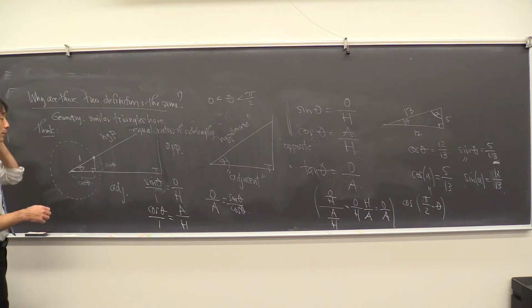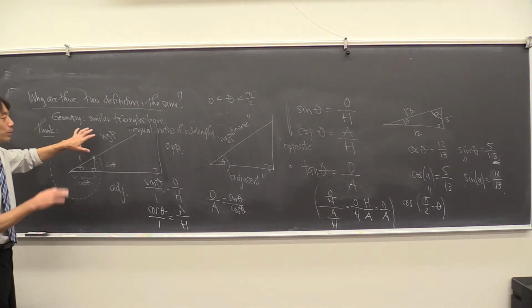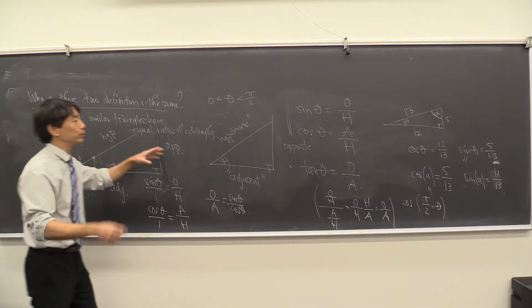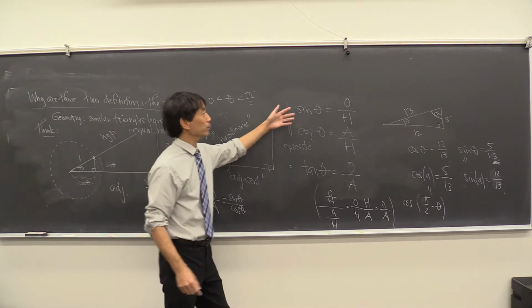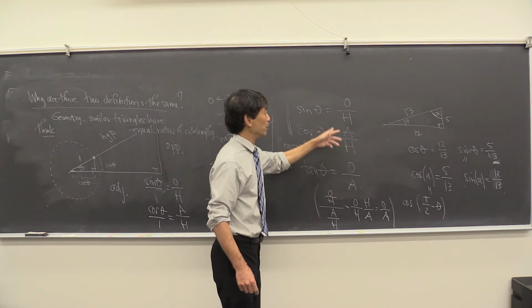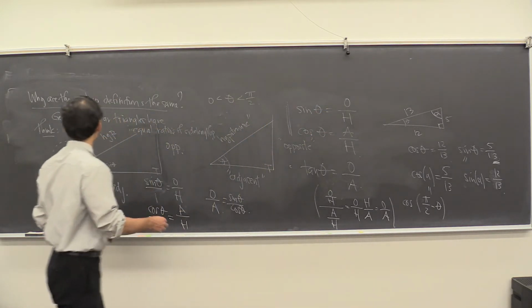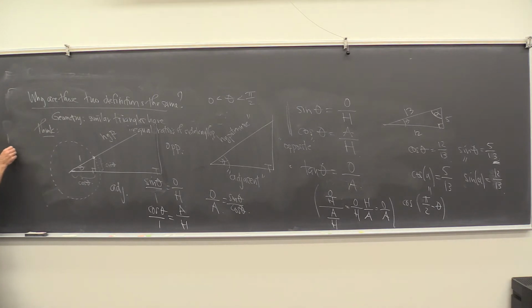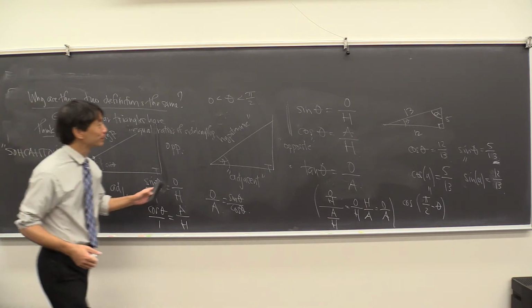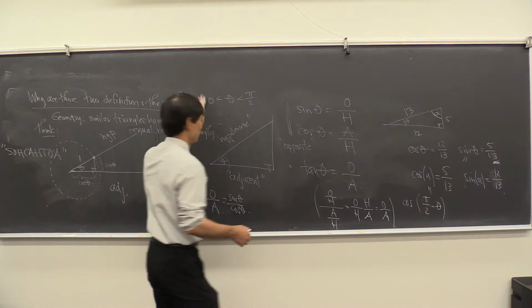Just remember that you can get the sines off of right triangles by looking at these ratios. There's a mnemonic people use, SOHCAHTOA. Have you guys seen this?